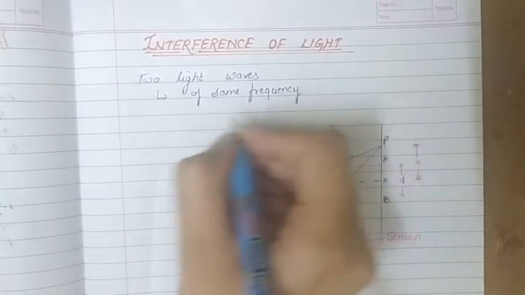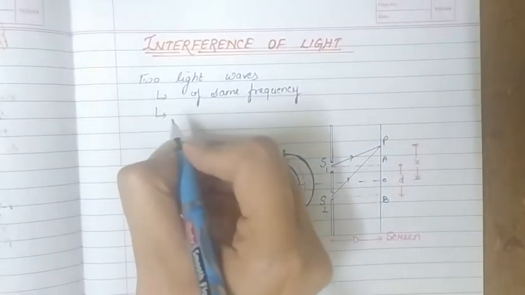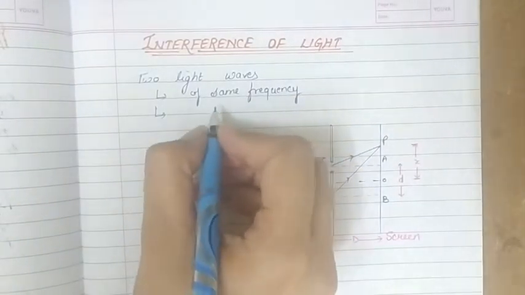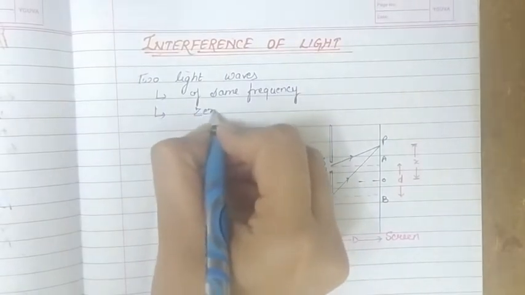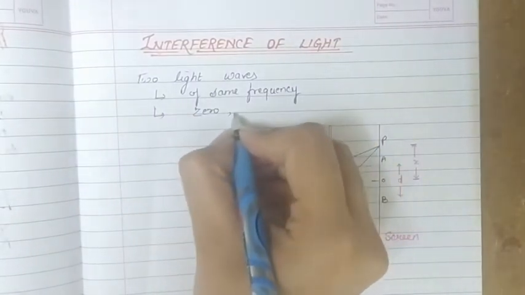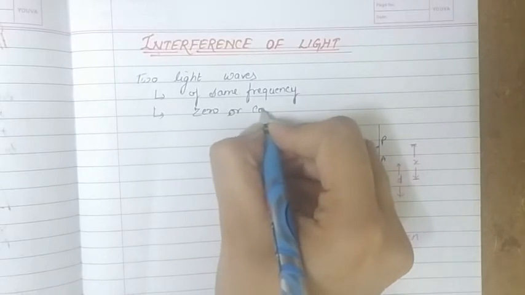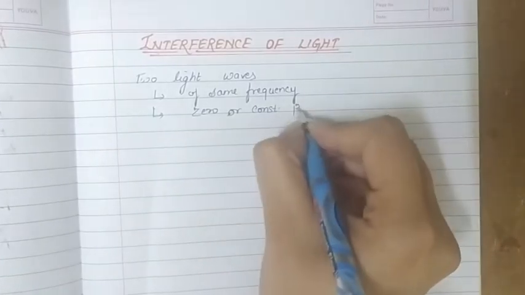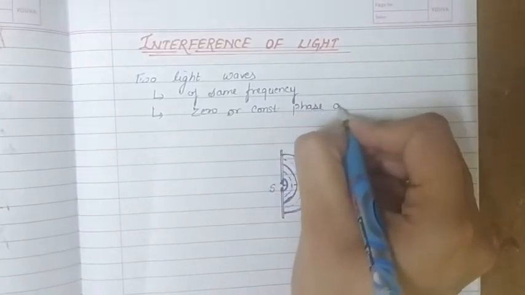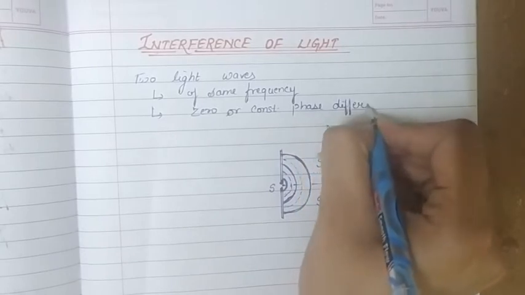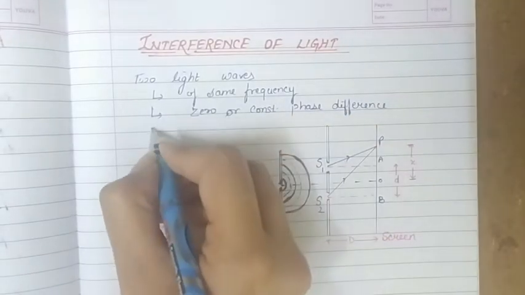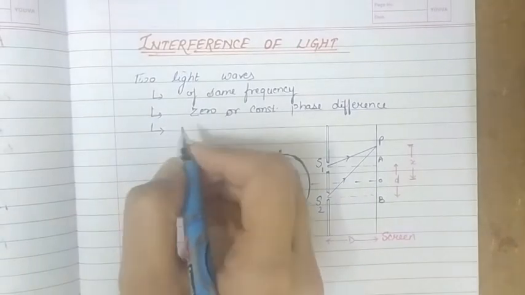First condition: the waves should be of the same frequency. Second condition: the phase difference between them should be either zero, meaning no phase difference, or constant. And these waves should be traveling along the same direction.